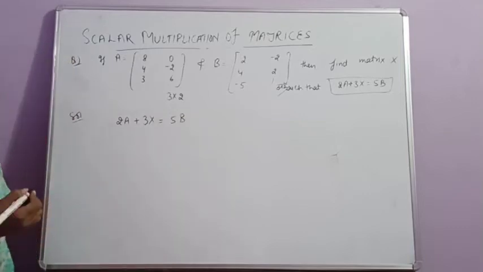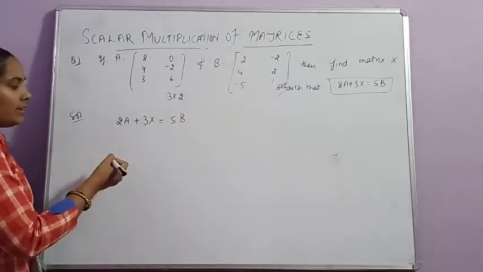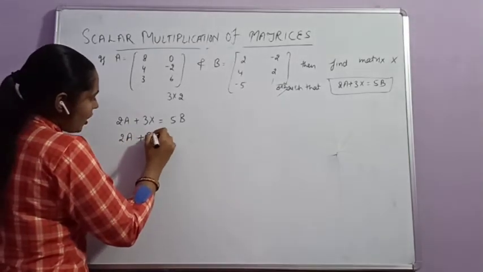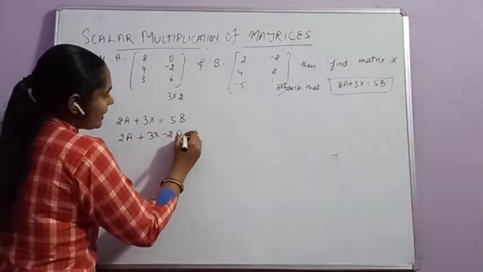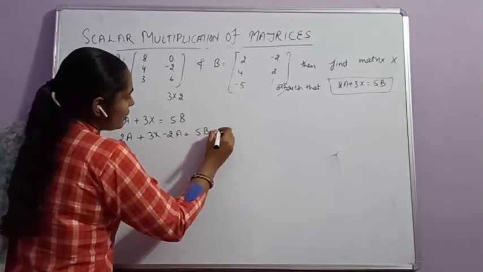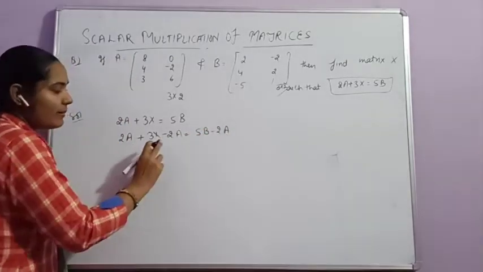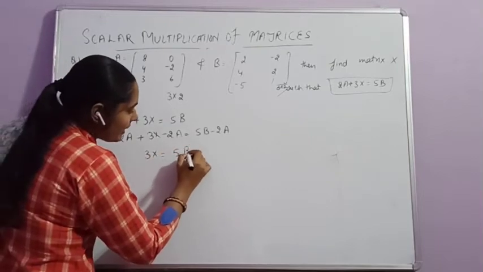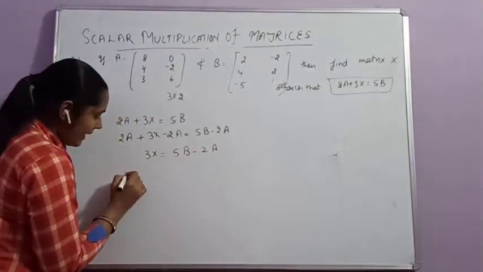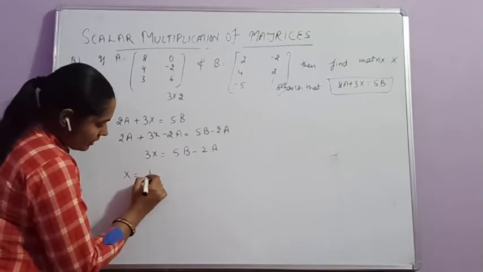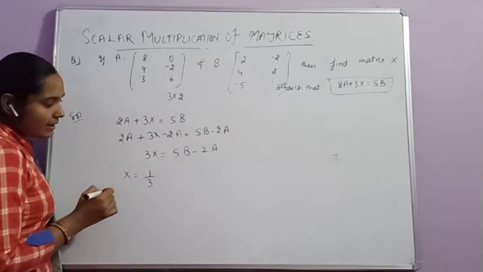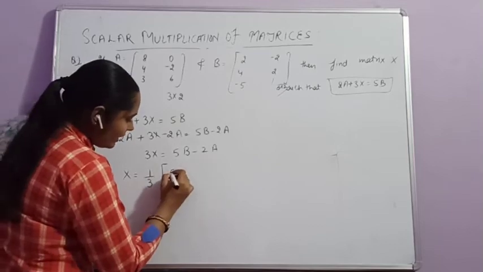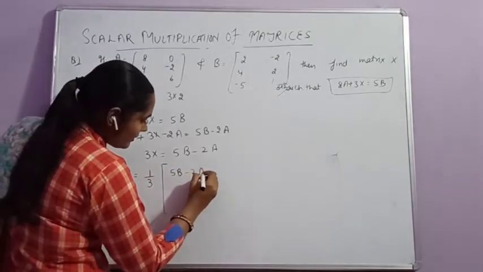If we subtract 2A from both sides, then the answer will remain the same. Minus 2A, that is equal to 5B minus 2A. 2A will be cancelled out, then 3X is equal to 5B minus 2A. X will be, on the right hand side, 1 by 3 into (5B minus 2A).